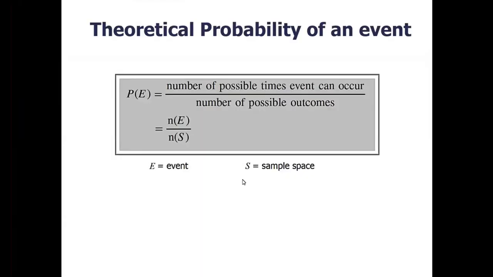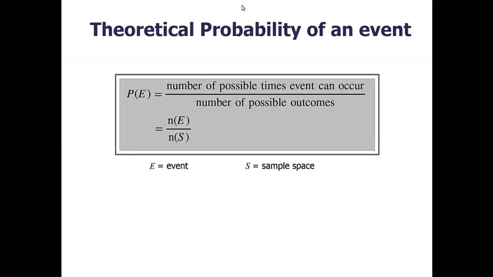So basic idea, what is probability? Probability is the probability of an event. That's what P of E stands for: the number of possible times an event can occur. That means the number of outcomes in that specific event.